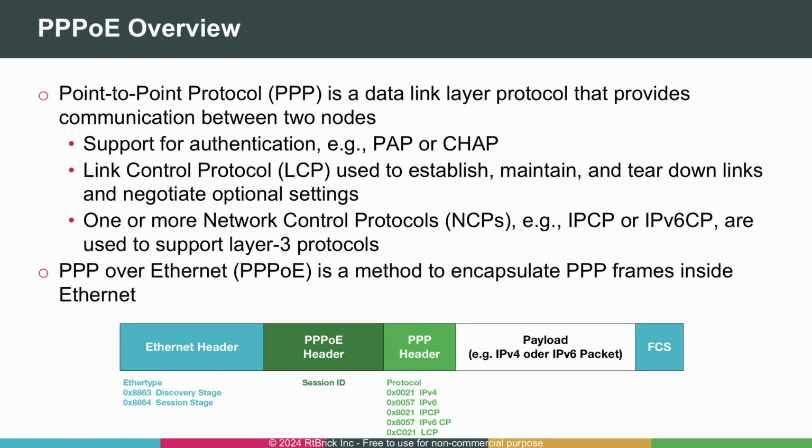Point-to-point protocol, PPP, is a connection-oriented data link layer protocol. From a subscriber's perspective, it indicates whether the connection to the service provider is active and functioning. PPP has two key components: the Link Control Protocol, LCP, and a set of network control protocols. The LCP is responsible for establishing, maintaining, configuring, and terminating the PPP session.